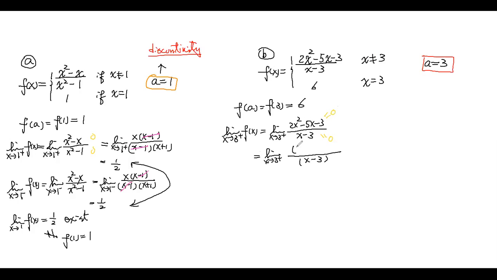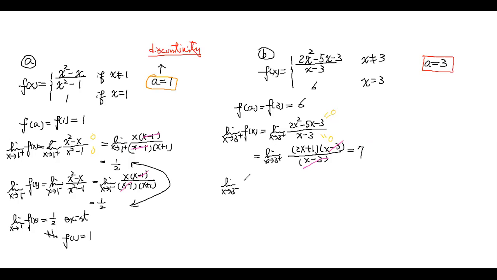The factor on top will be 2x plus 1 times x minus 3. Okay, now good. x minus 3, x minus 3 cancel. So what is here? This is 7, right? So this is 7.